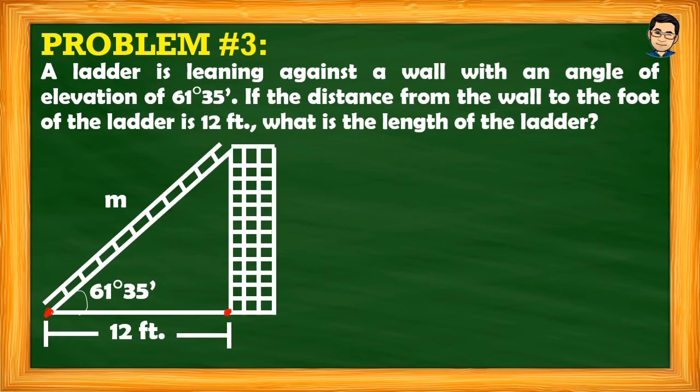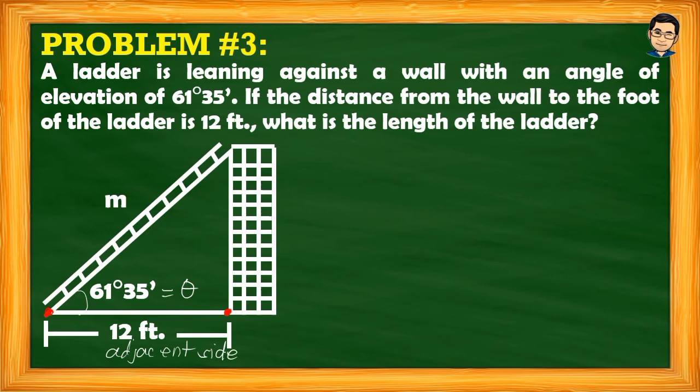Okay. So, kung i-analyze natin yung angle of elevation natin, yung theta, ayan. And then, etong 12 feet naman ang magsisilbing adjacent side niya. So, hindi natin kailangan dito yung opposite side kasi hindi naman tinatanong gaano kataas yung pader.